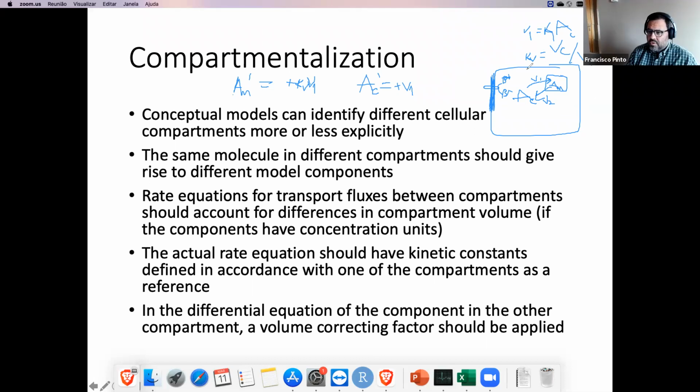So in eukaryotic cells, the nucleus is physically separated from the rest of the cell by a lipid bilayer membrane, similar to the plasma membrane. So there is really a frontier.